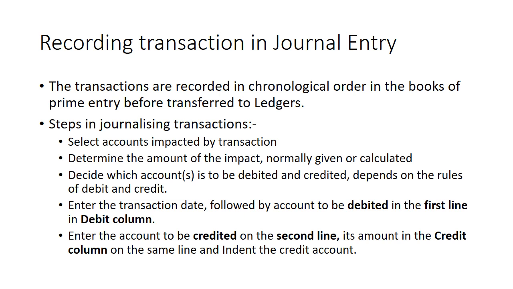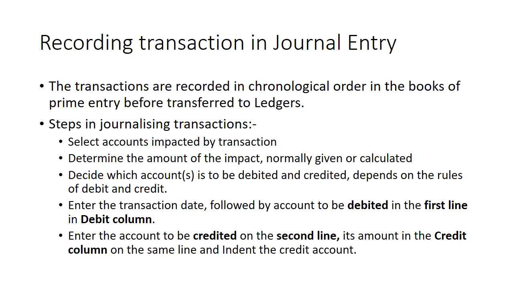The steps in journalizing a transaction: 1, select the accounts impacted by the transaction, the accounts that are affected by the business transaction. Number 2 is to determine the amount of impact, normally given or calculated. Number 3 is to decide which account is to be debited and credited, depending on the rules of debit and credit.